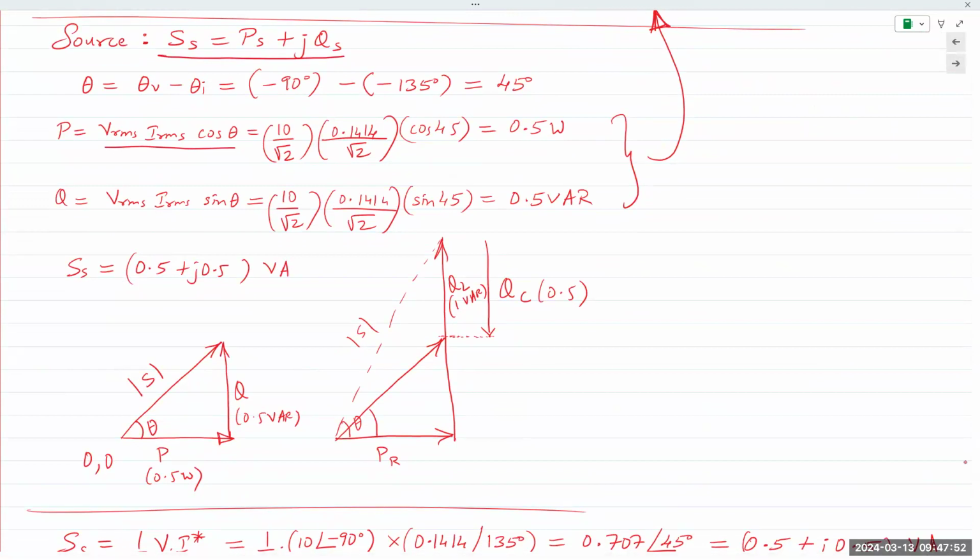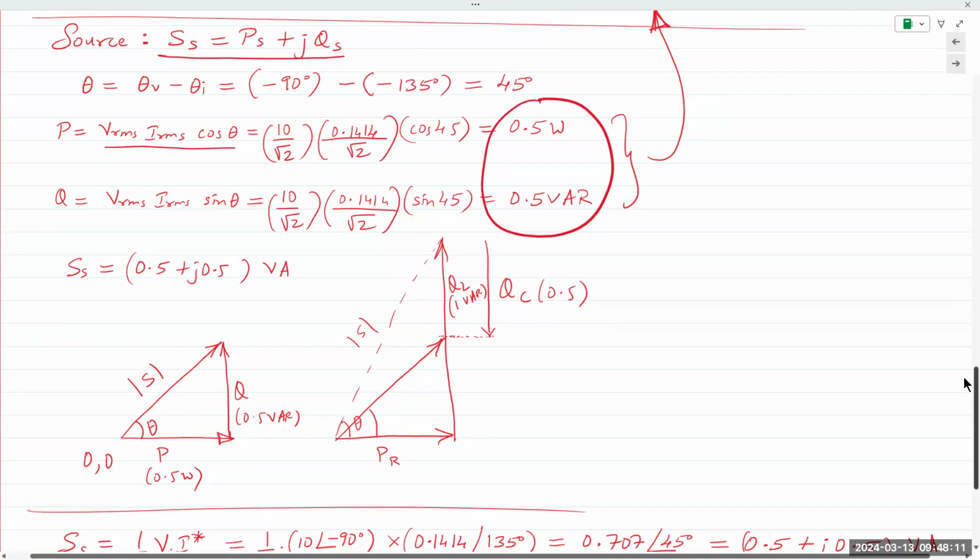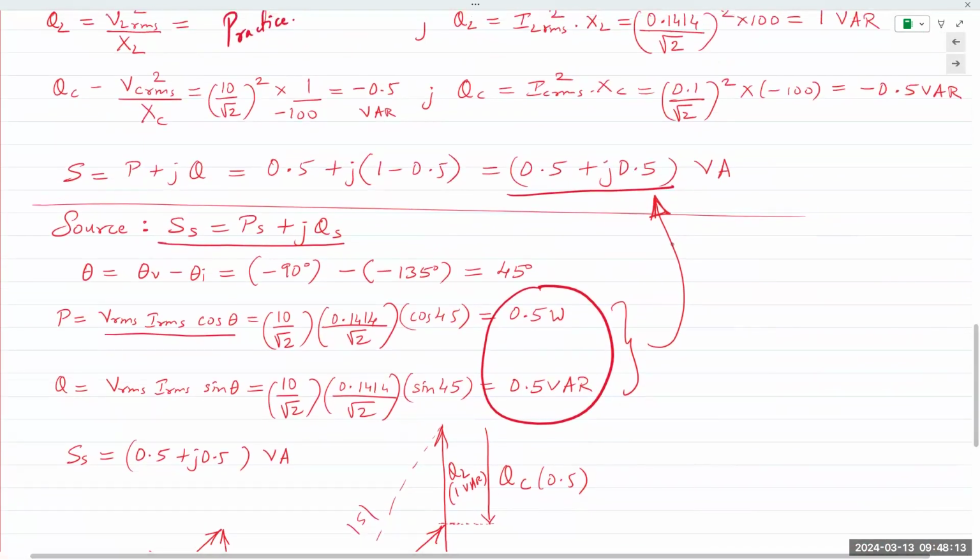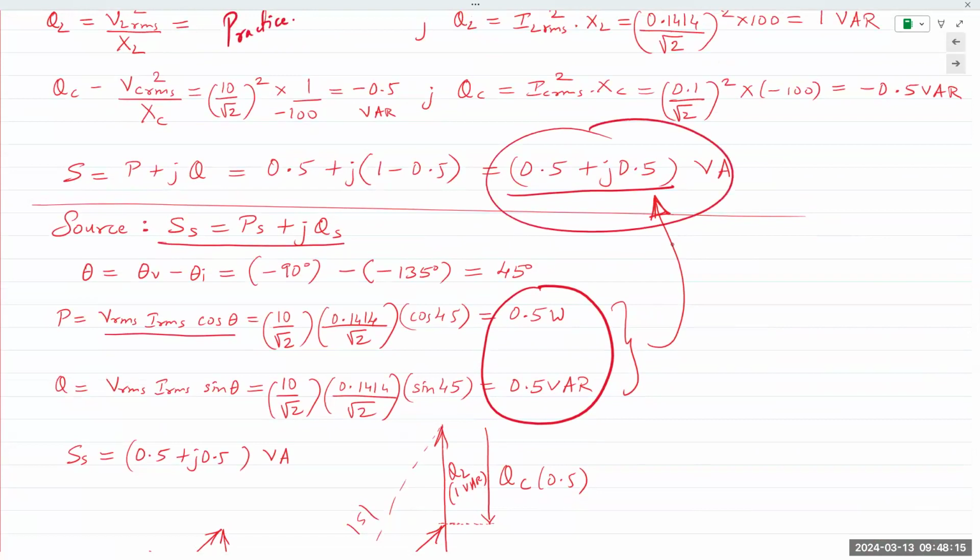The power angle is 45 degrees, V minus I. And so then I would simply plug in the RMS values of the voltage and current and find P and Q. Again, this is just for the source. Once you go through that, you can see the values match up with what we found in the previous step.